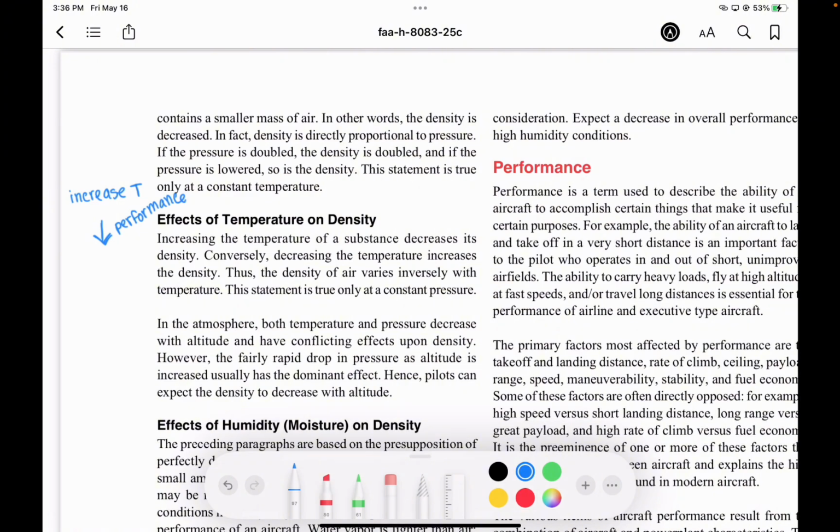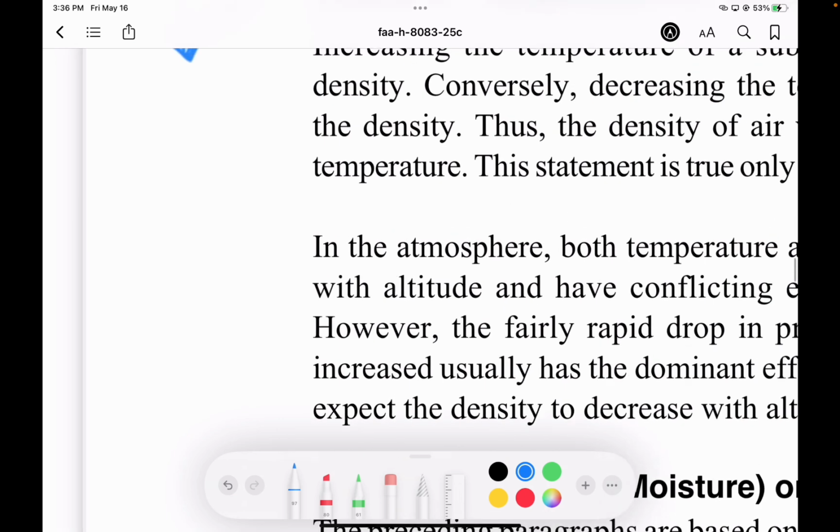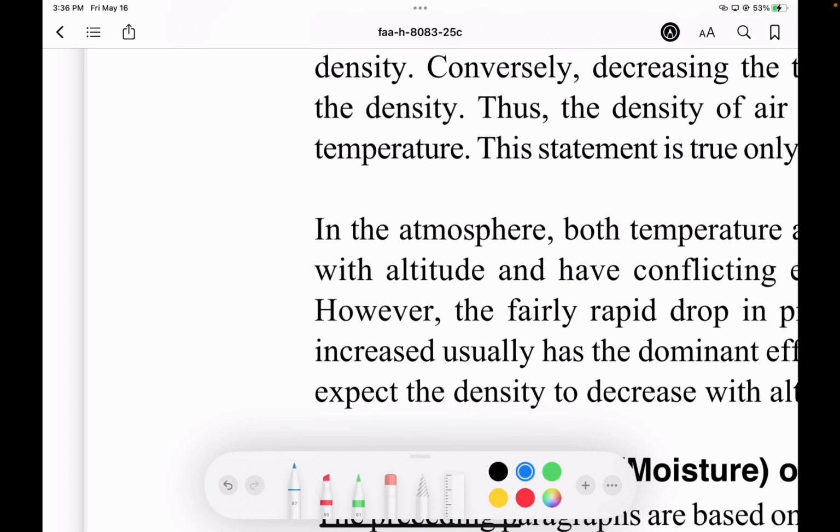Maybe I should just make you a table. Wouldn't that be easier? I'm gonna write in this space right here. Maybe I'll write in red. An increase in temp means you have a decrease in density. A decrease in density means you have an increase in density altitude. An increase in density altitude means you have a decrease in performance.